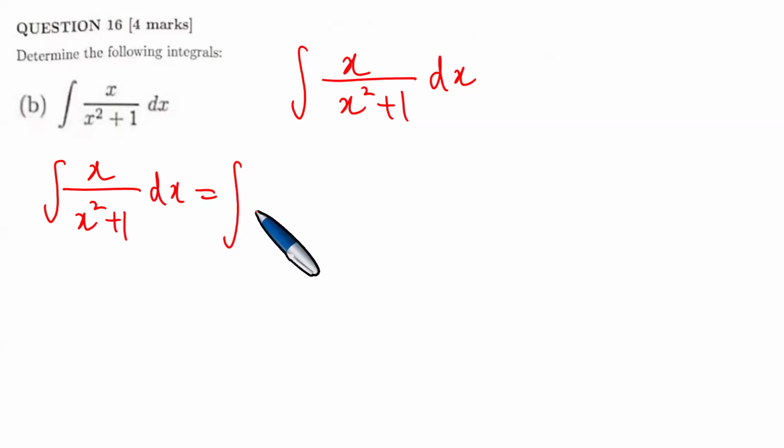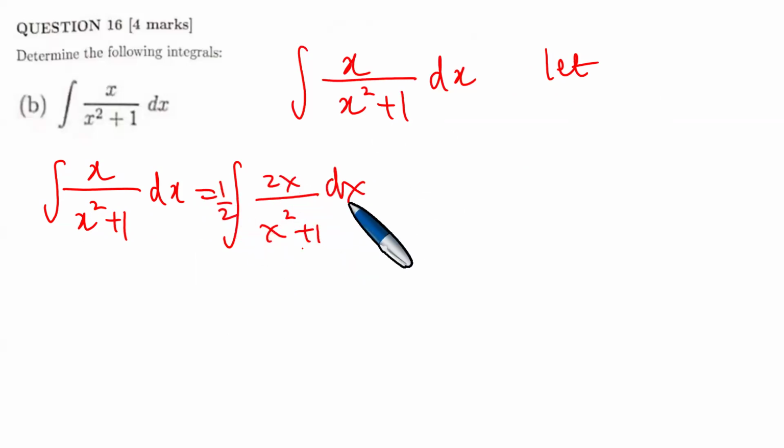We need to use a couple of things, but one thing is to realize that the derivative of x squared becomes 2x, and you put 1/2 here, and we have dx like this.